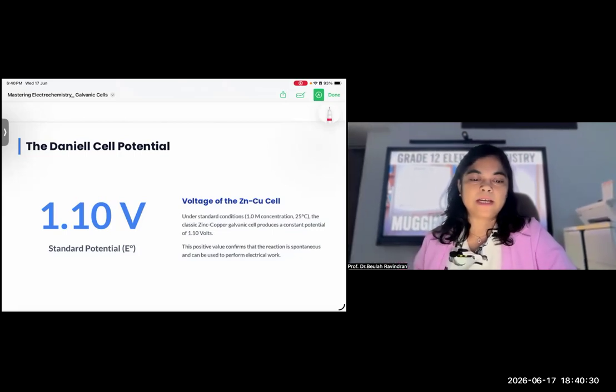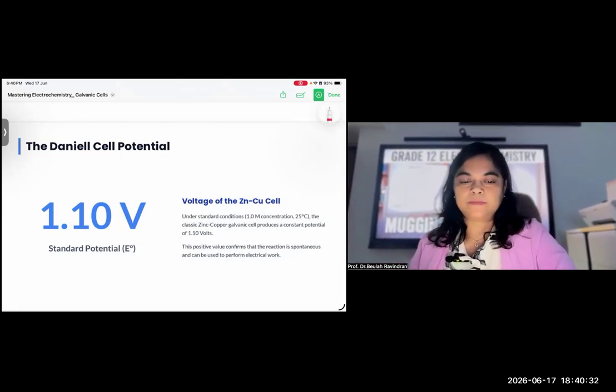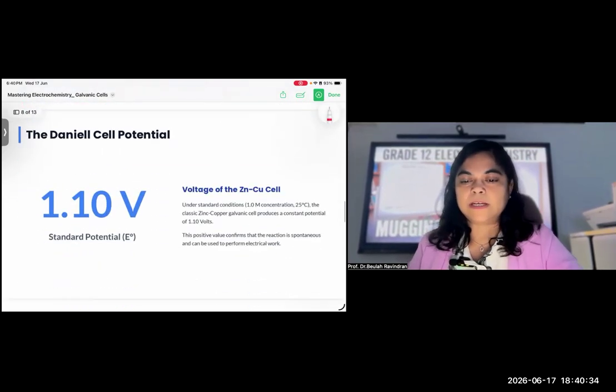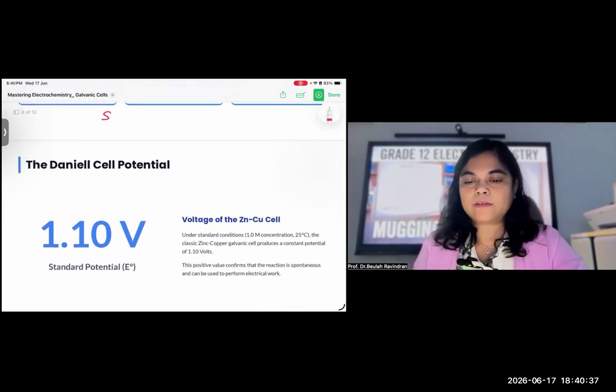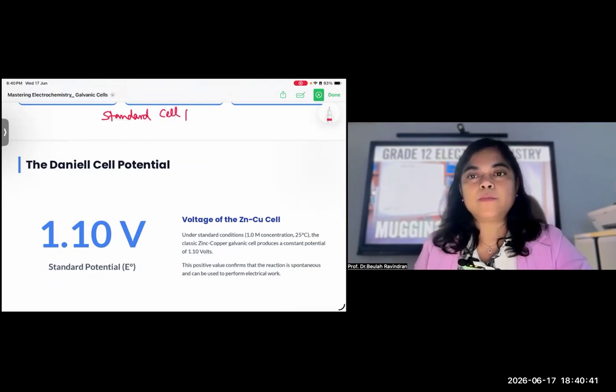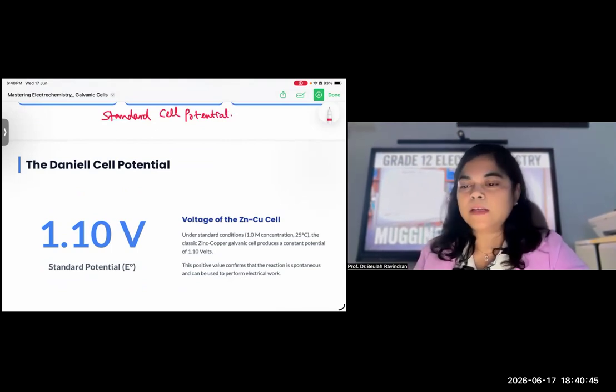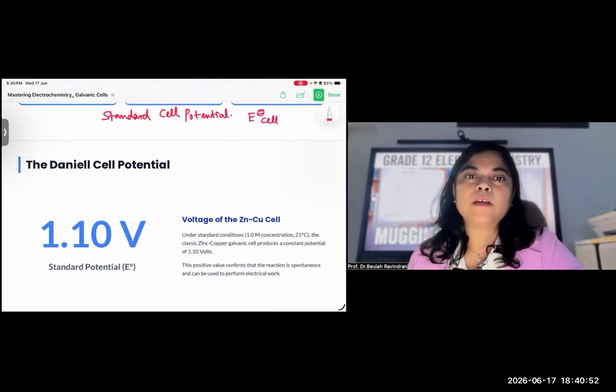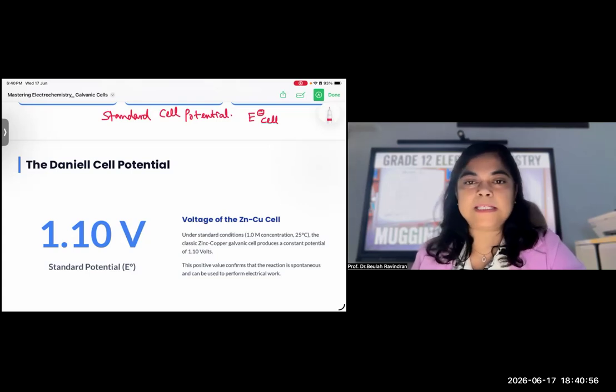We calculate the standard cell potential. It is represented like this.